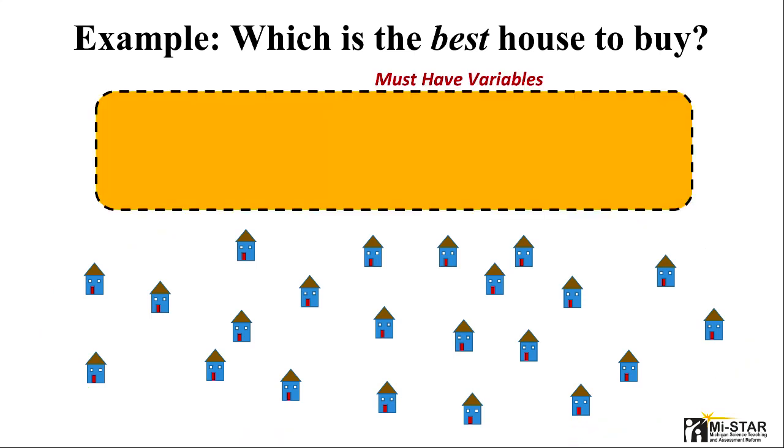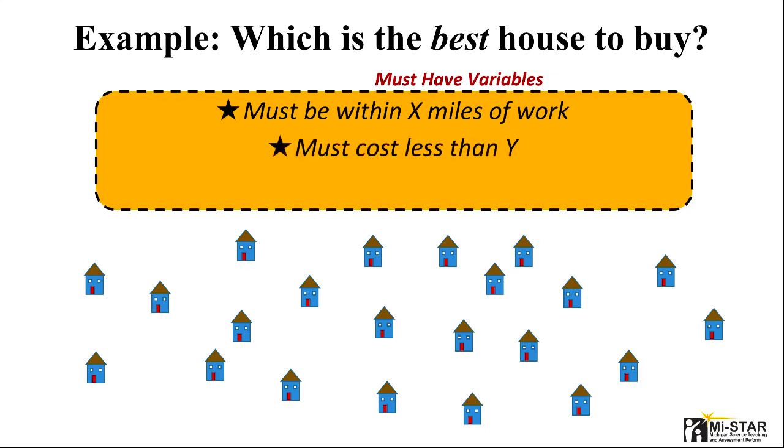We may begin the selection process by listing the certain aspects of our decision that are must-have variables. For this example, the house we buy must be within a certain number of miles from work. It has to cost less than a certain amount of money, and it has to have a certain number of bedrooms. These must-have variables are constraints.